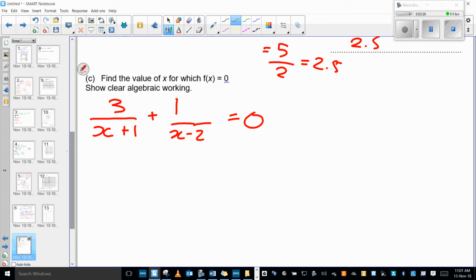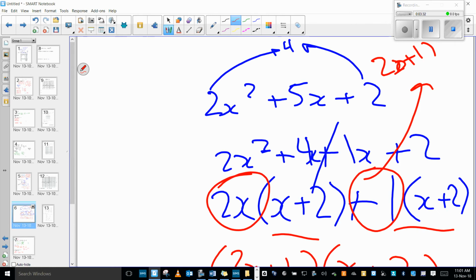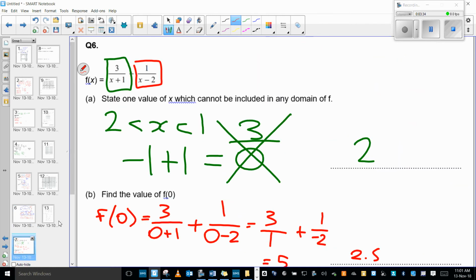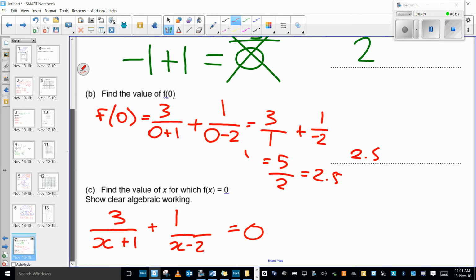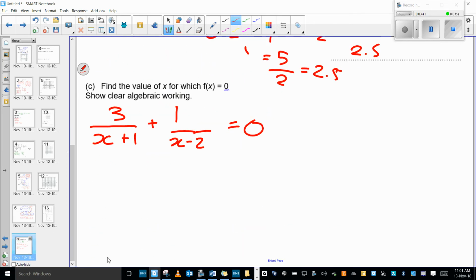Then what we have to do next is add the two fractions. In order to do that, you have to find the lowest common denominator, because you can't add apples and oranges, if that makes sense.